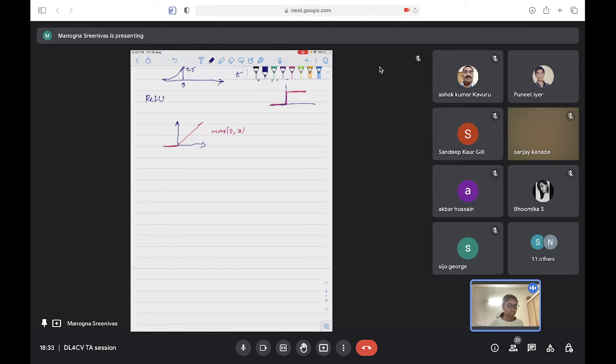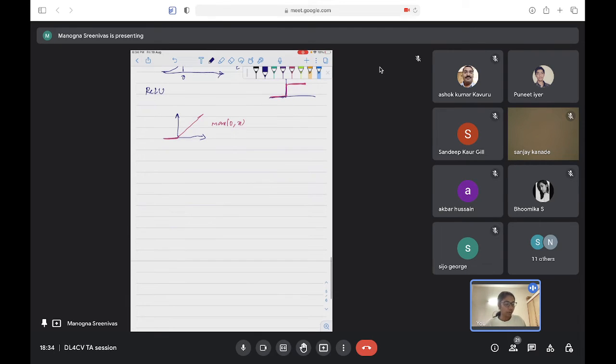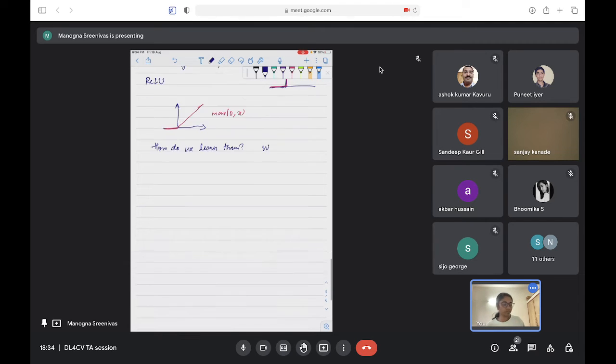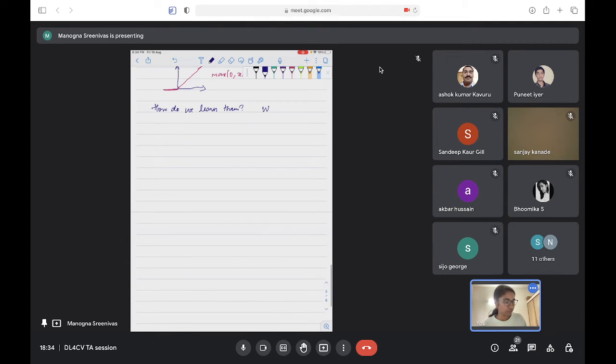This models a very rich class of functions that can pretty much learn any data distribution. How do we learn them? We need to learn all the Wi's, right? The weights. How many of you have heard about the backpropagation algorithm?